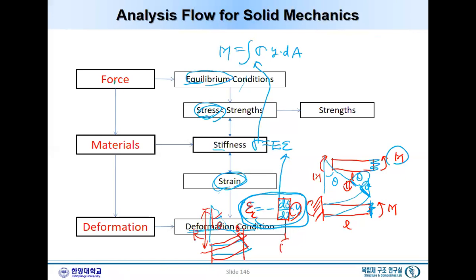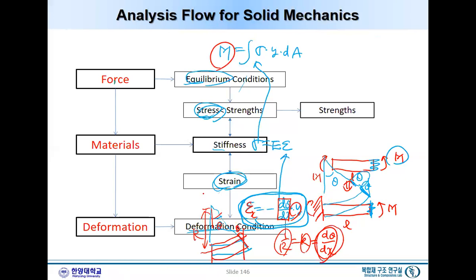So again, 1 over r is the curvature, and this is d theta dx. This is basically caused by what? What do we apply? Actually, moment, right? The moment we apply will cause this much d theta dx. So moment is the force, and deformation is d theta dx.